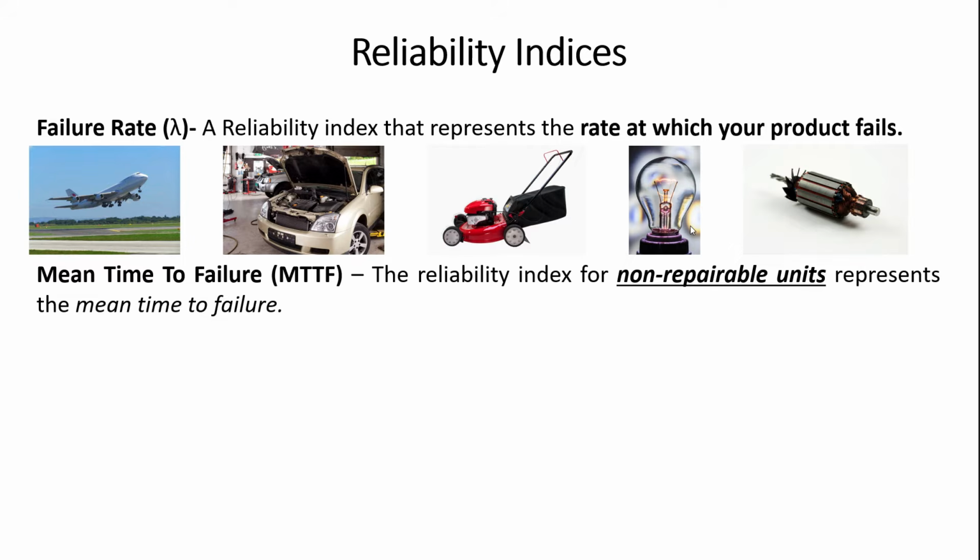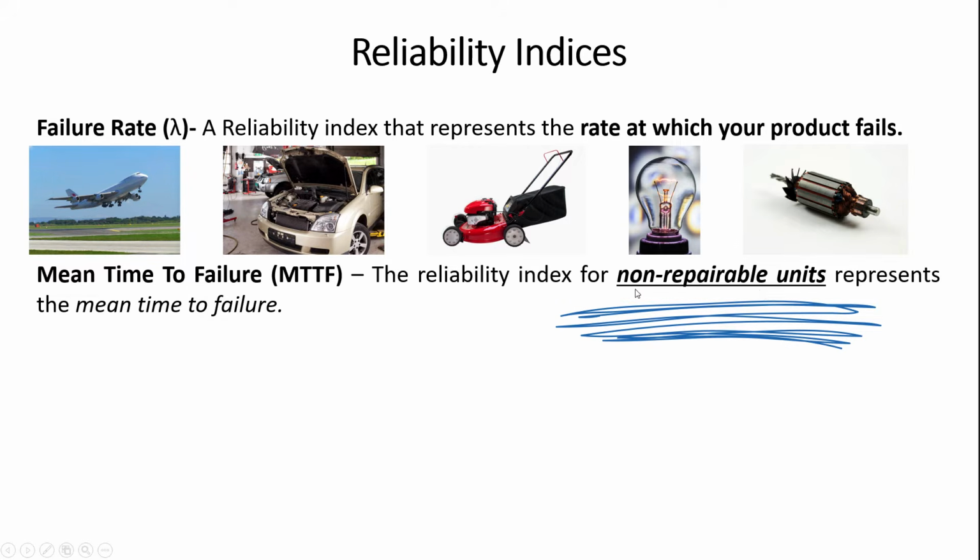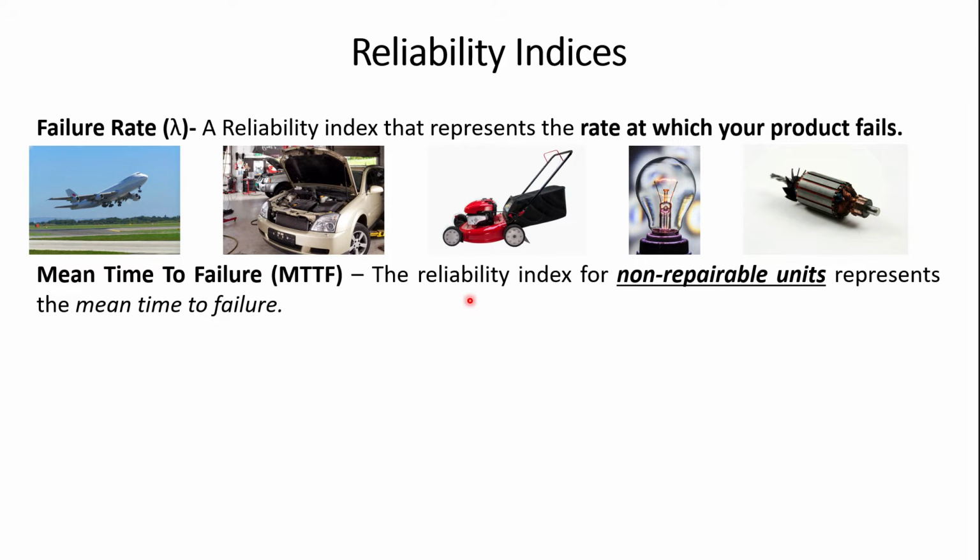We're not going to fix it. We use the light bulb, and then we're going to throw it out. There are a ton of items out there that we produce and use that are considered non-repairable units, like this AC motor, this light bulb. And when we're using a non-repairable unit, we always talk about this reliability index called the mean time to failure. It's the average length of time until that product fails.